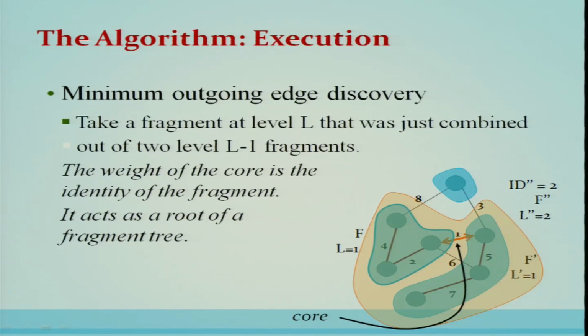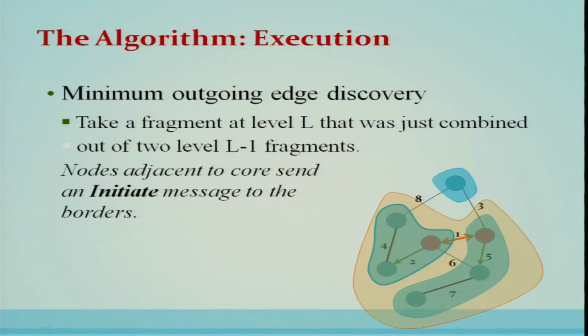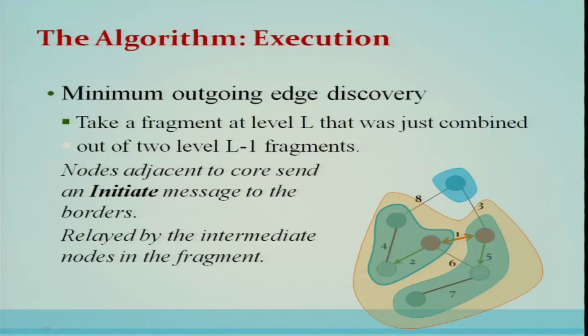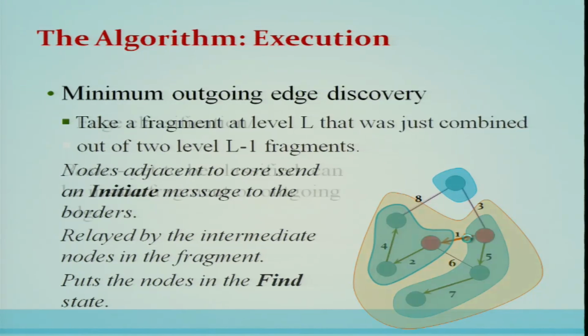So take a fragment at level L that was just combined out of the 2 level L minus 1 fragments. The weight of the core is the identity of the fragment. It acts as the root of the fragment tree. So the nodes adjacent to the core send an initiate message to the borders, relayed by the intermediate nodes in the fragment, which puts the nodes in the find state.